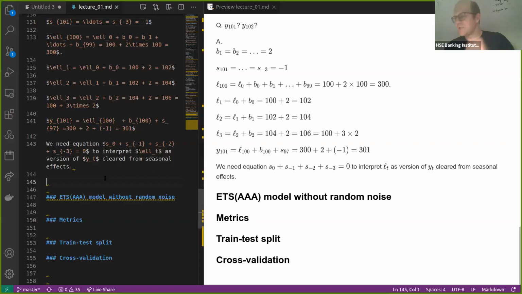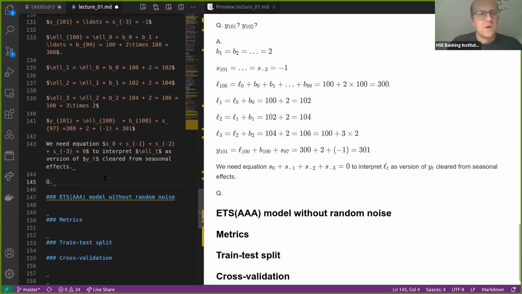Maybe just a small question to you before we add noise. The last question. For the moment, I'm not writing explicitly the maximum likelihood function. Let's wait a little bit. But the question we can already answer. Let's consider the ETS model without noise for the moment.